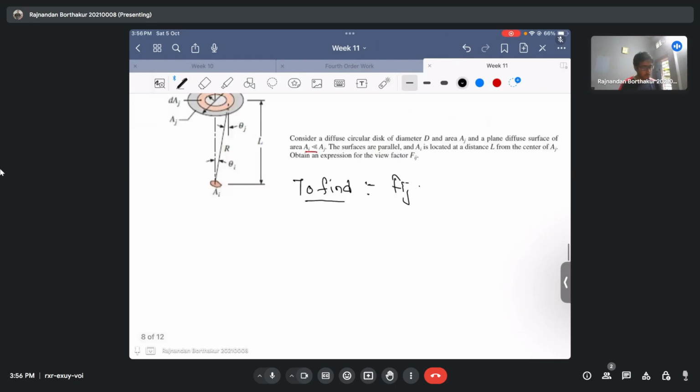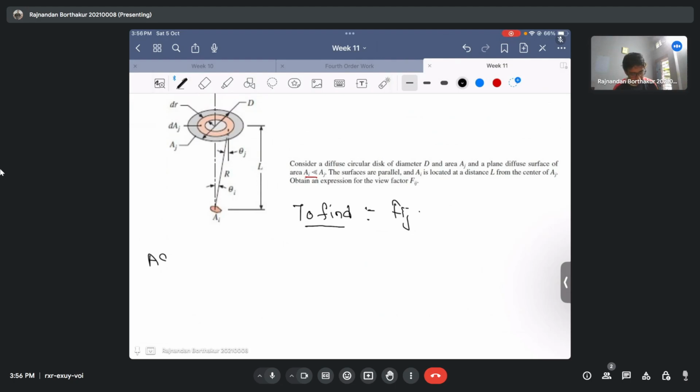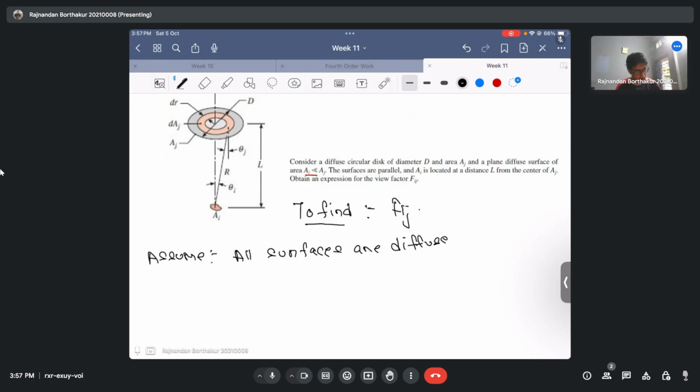Okay, I forgot to state one thing. You can assume that all surfaces are diffuse, and of course I already mentioned that Ai is very much less than Aj, and you can assume that there is uniform radiosity on surface Ai.